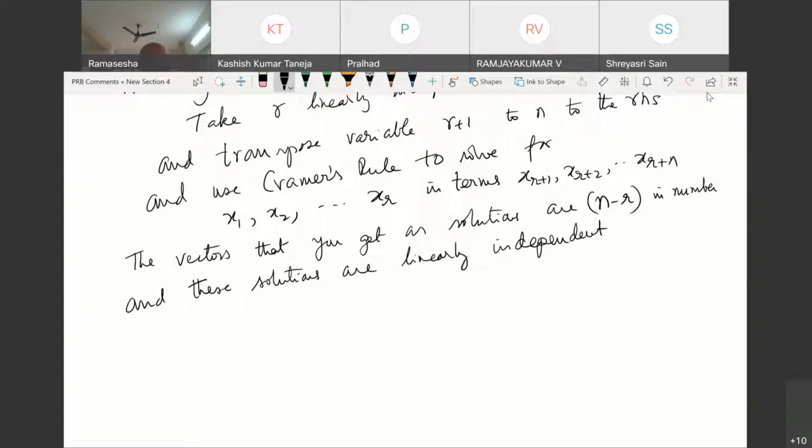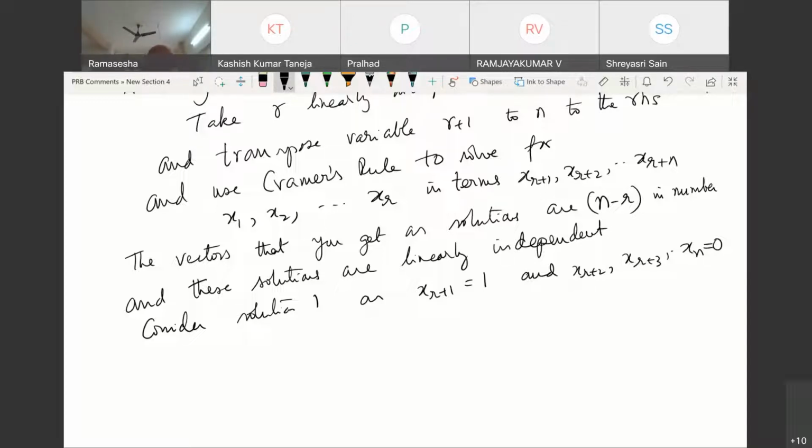Now, to know that these solutions are linearly independent, what we can do is construct, for example, solution 1 as xr plus 1 equal to 1 and xr plus 2, xr plus 3, etc., xn equal to 0, because all my values xr plus 1 to xn are arbitrary.